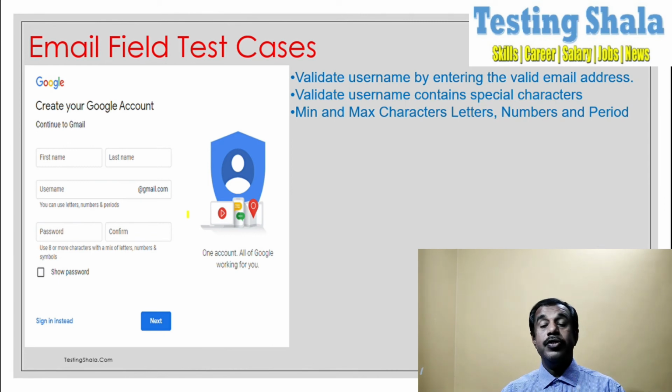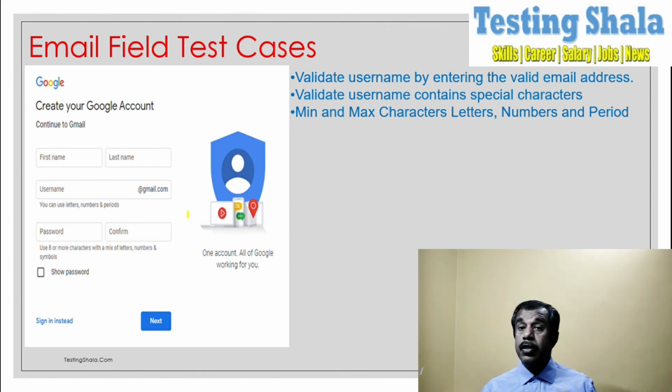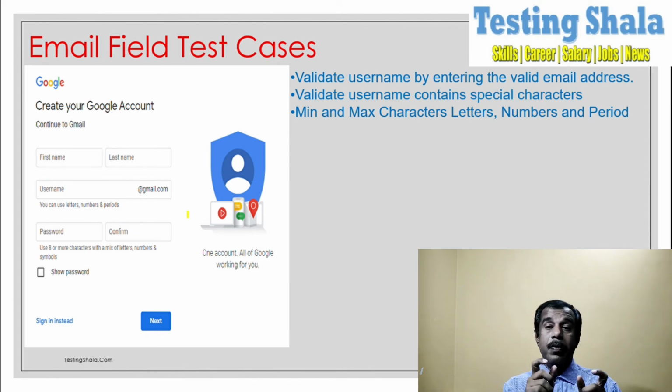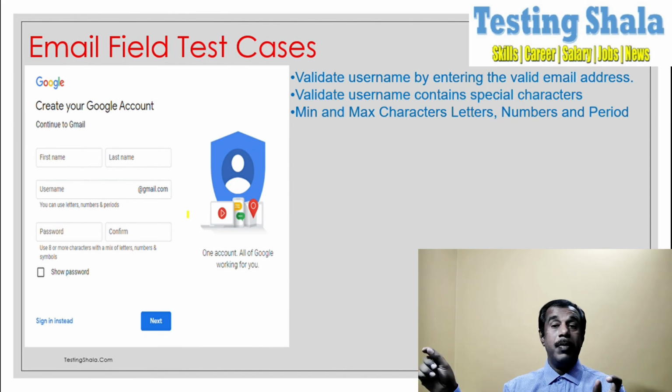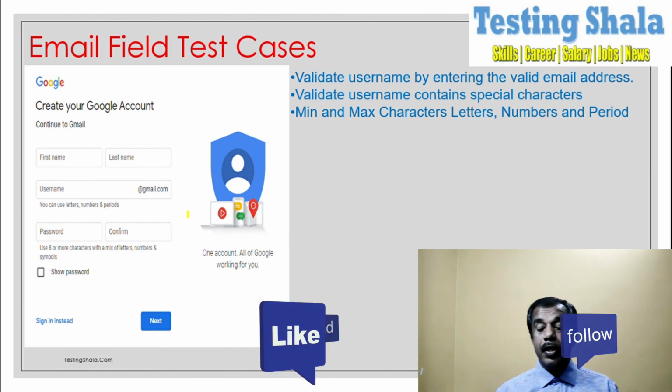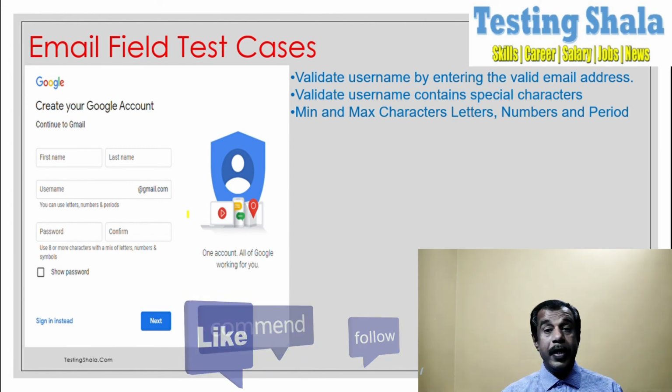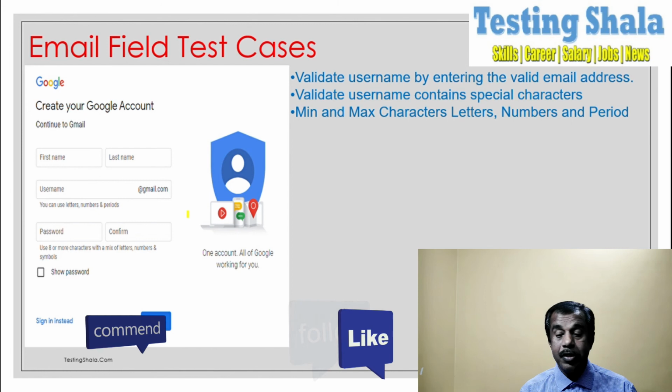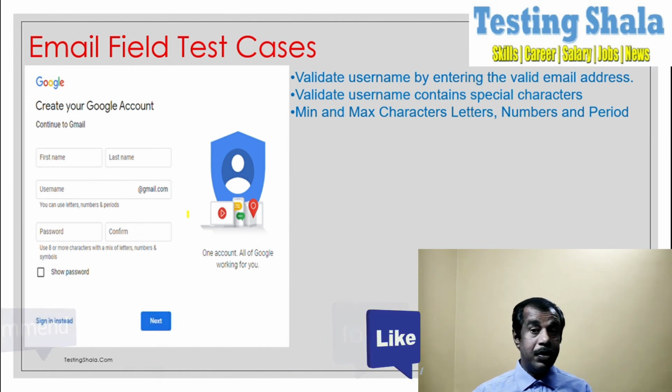Again, these things you should get from the requirements, and numbers can also be included in the username. For certain email IDs you can place a period, for example test.123 at gmail.com, or test.test123 at gmail.com, something like that we can provide. So you should look into that kind of test case to validate whether it accepts minimum and maximum characters, letters, numbers, and a period.